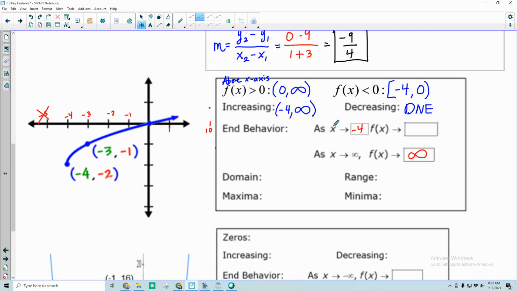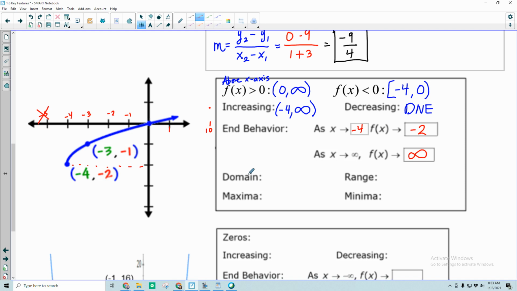When I plug in -4, what is the output? That would be -2. Because that's really the farthest point we can get to for our x value, my output would end up being -2. So that was a little weird example, but most of the time you'll see those as positive and negative infinity. This is just that weird extra case.